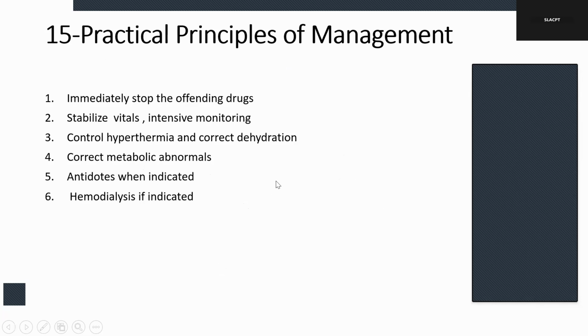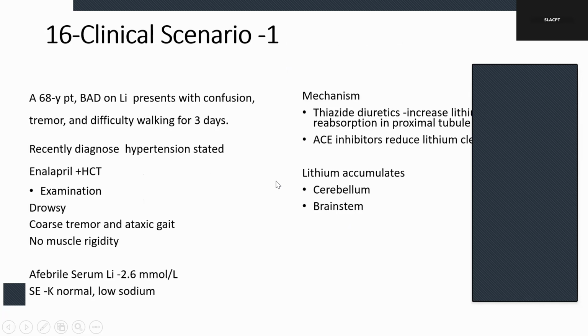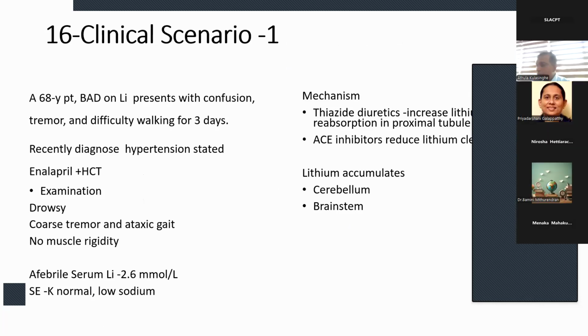Regarding our relevant topics today, I would like to give clinical scenarios, because the time is limited now, three quick clinical scenarios. A 68-year-old patient with bipolar affective disorder on lithium presents with confusion, tremor, and difficulty in walking for 3 days. Recently he was diagnosed with hypertension and the general practitioner started enalapril and HCT.